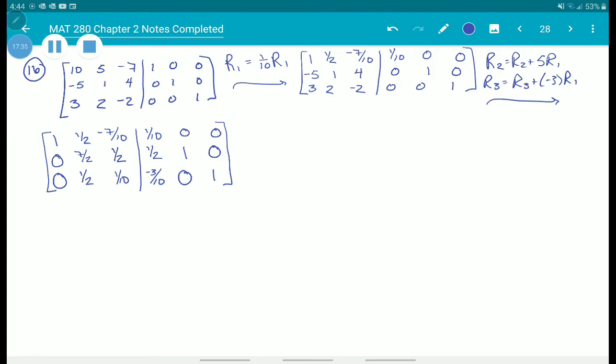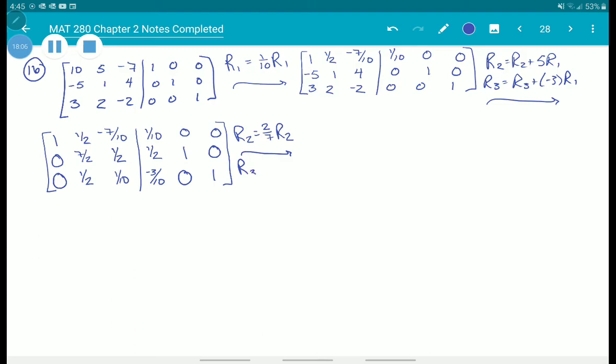So now we need a 1 here. So let's take row 2 and multiply it by 2 over 7. While I'm at it, I'm going to go ahead and get rid of fractions on that bottom row.